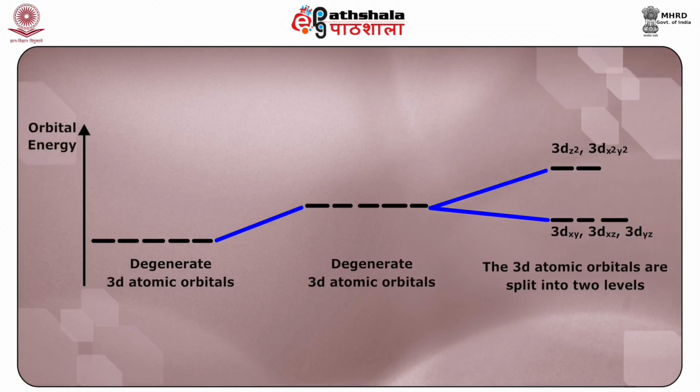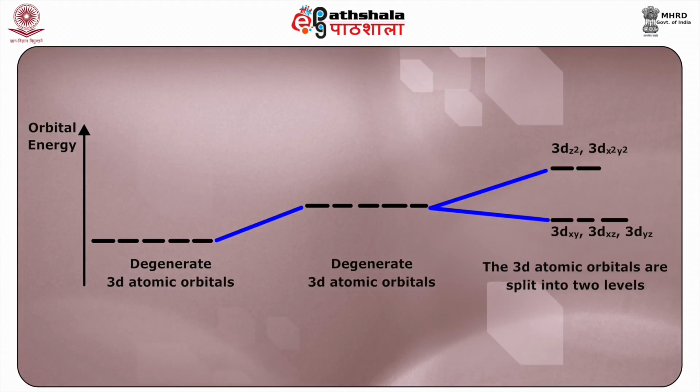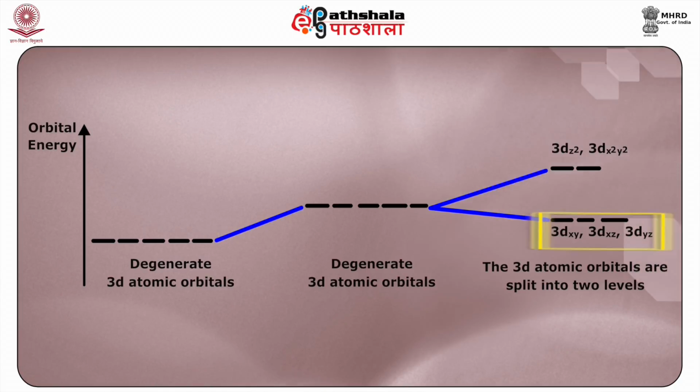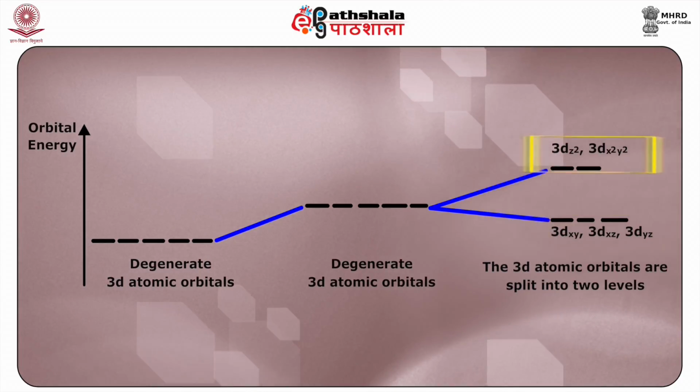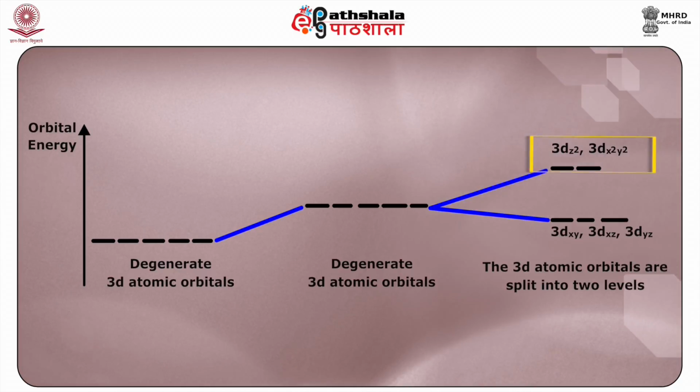The splitting of orbitals is represented according to which it can be seen that the orbitals dxy, dxz and dyz are lowered in energy and dx²-y² and dz² are raised in terms of energy.